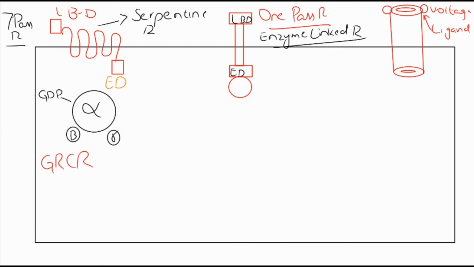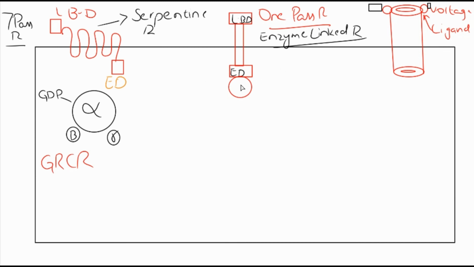To these pockets, different types of ligands attach, and in response to this attachment, these ion channels open and pass some types of ions through them, which changes the intracellular environment. Now these are the three basic types of receptors that are present on the cell membrane.